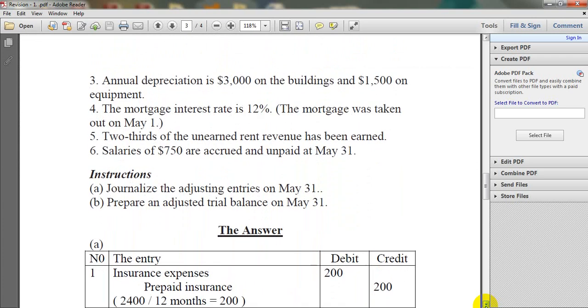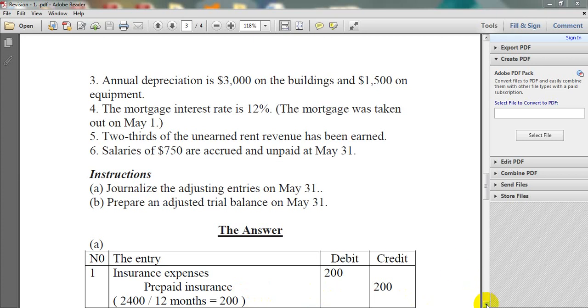The mortgage was taken out on May 1. Number 5, 2/3 of the unearned rent revenue has been earned. Number 6, salaries of 750 are accrued and unpaid at May 31. And they are required to journalize the adjusting entries on May 31 and prepare an adjusted trial balance on May 31.